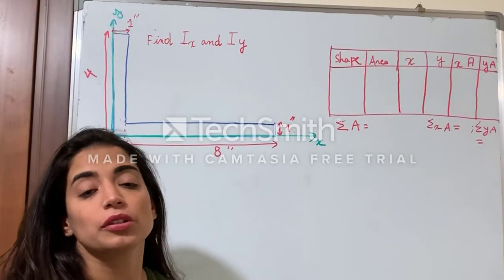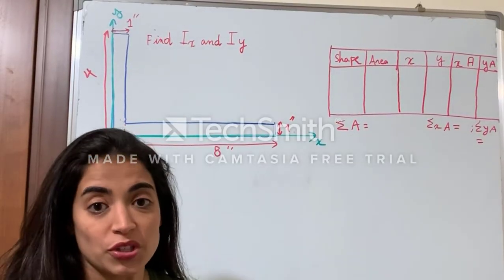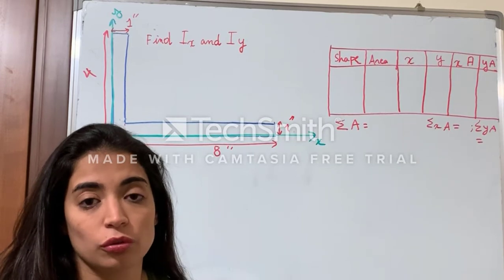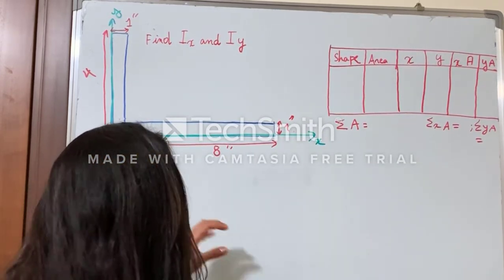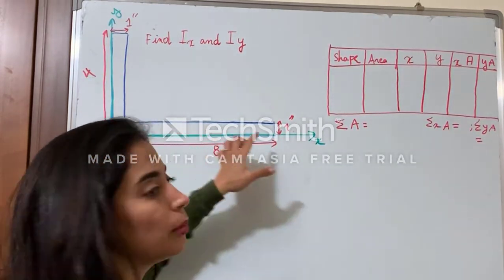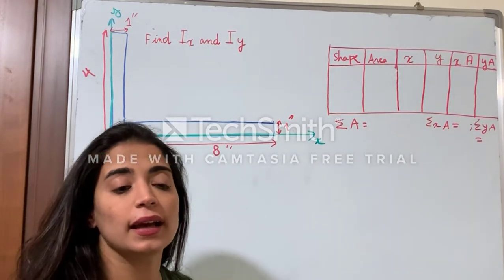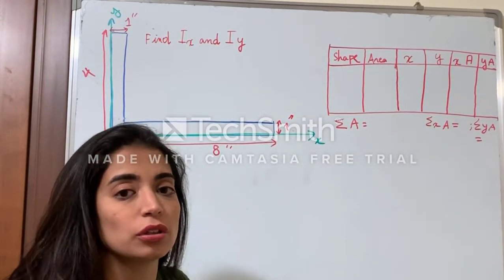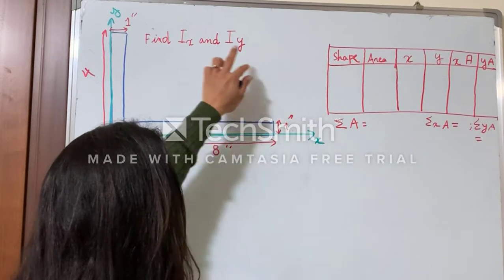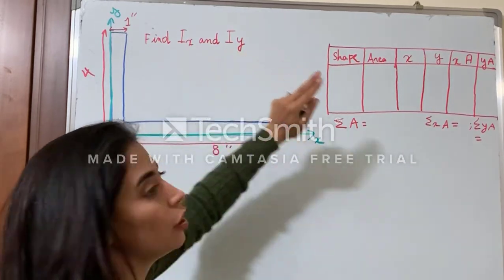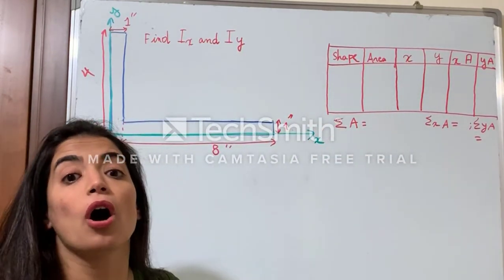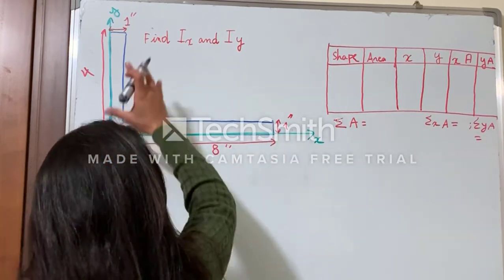Okay, so guys, in order to understand how to apply the steps to find the moment of inertia around a certain axis, let's take this example. I have here a beam in L, alright, and the question is to find the moment of inertia around X and the moment of inertia around Y of the centroid of the whole beam.